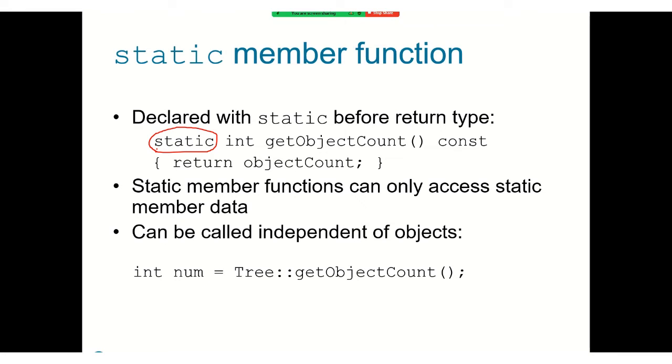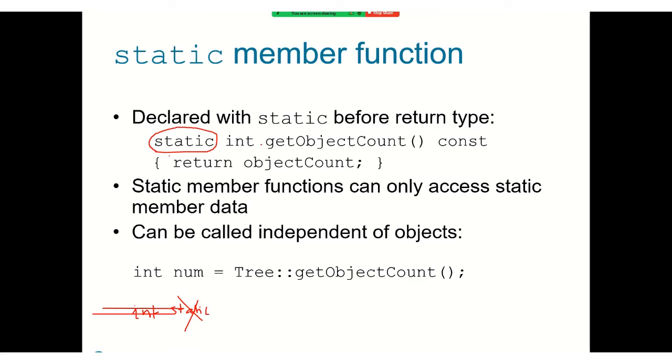You cannot define a member function or member variable in C++ code and name it static because it's a reserved keyword. You cannot write int static. Static cannot be a variable name. It's a big no because it's a reserved keyword. So you define it in this way: static int getObjectCount.